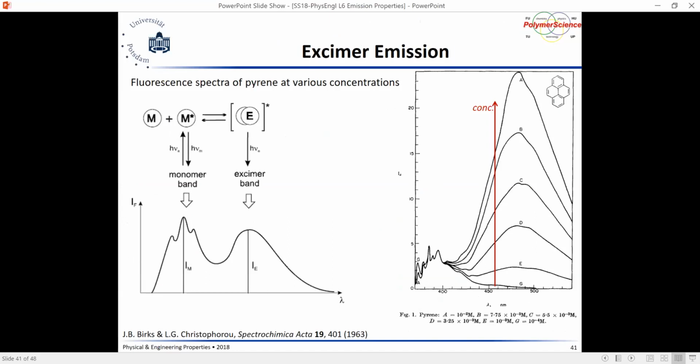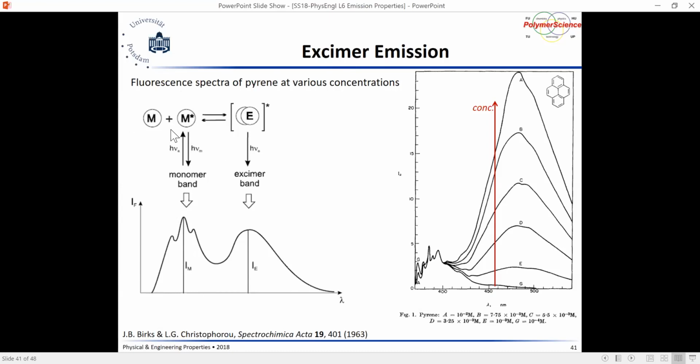Excimers. What are excimers? Excimer, as the name suggests, is an excited monomer or dimer in particular. So here you have two monomers that are identical. We call them dimers. We excite one and we look at the emission. Here you can see that if you had just a monomer instead of a dimer, this would be the emission of the monomer.